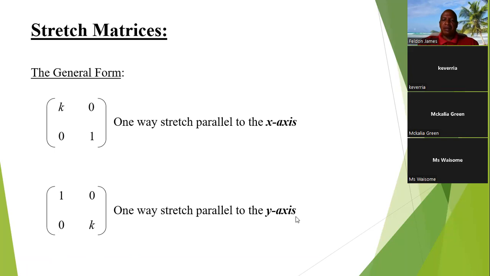Now, if you can recall what I was saying when we started, if you consider these matrices in terms of the top row being x and the bottom row being y, then you will clearly see that when you stretch along the x-axis, the k is above in the x row. When you stretch along the y-axis, the k is below in the y row.